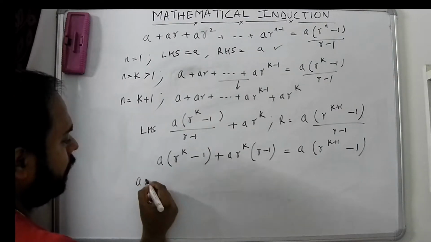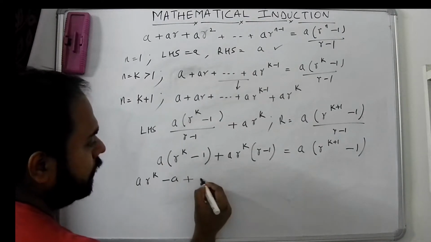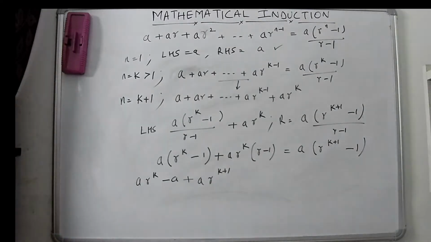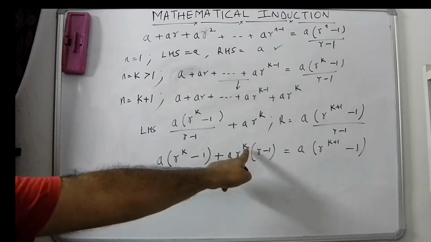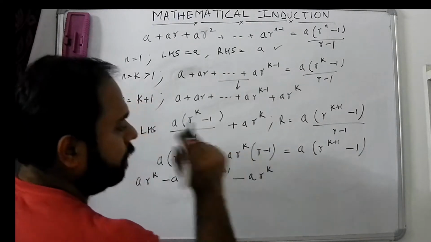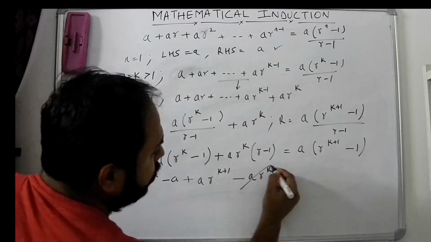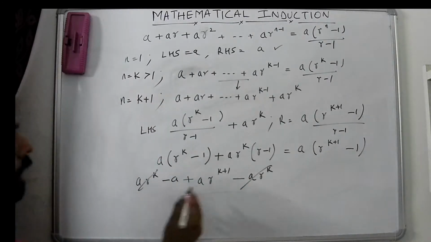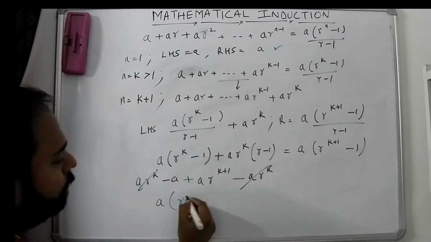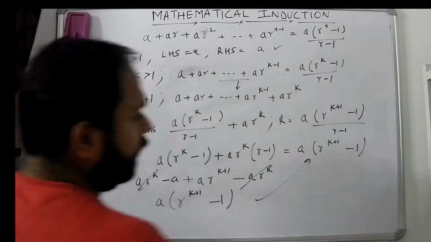It becomes a r to the power k minus a, plus a r to the power k plus 1, that is r to the power k into r, minus a r to the power k, this into minus 1. I can see now these two terms are cancelling out each other, and I can take a common: a times (r to the power k plus 1 minus 1). So this is what I need to prove.